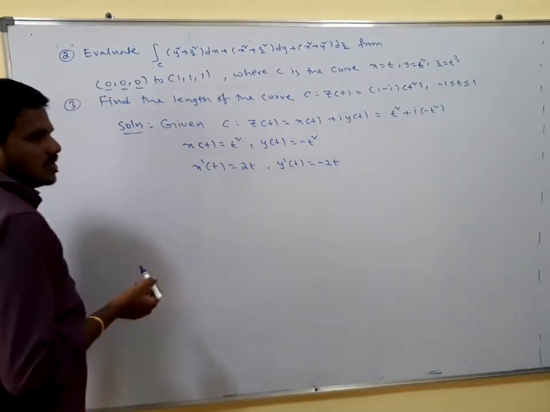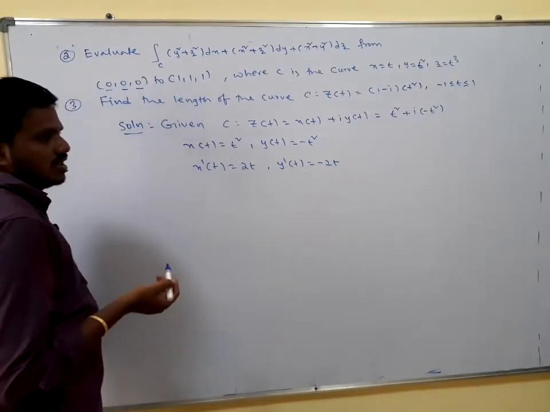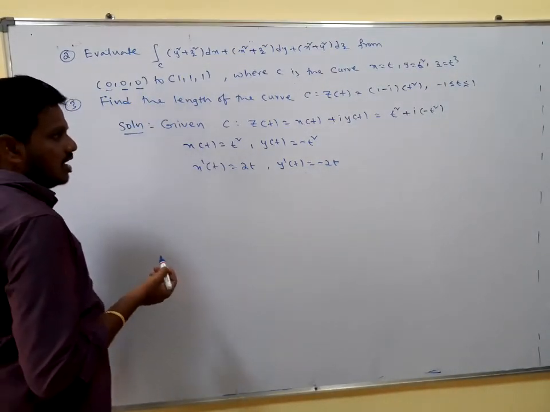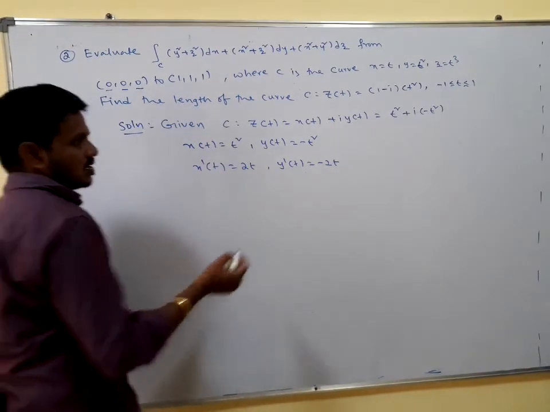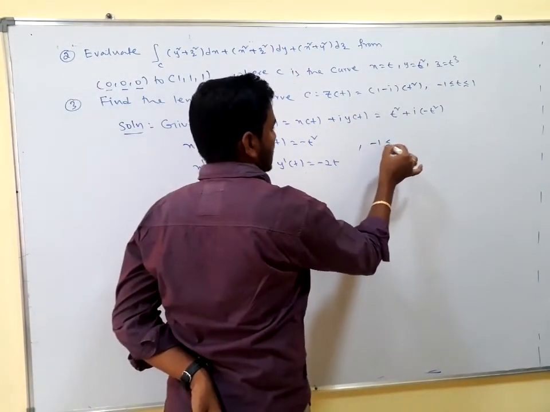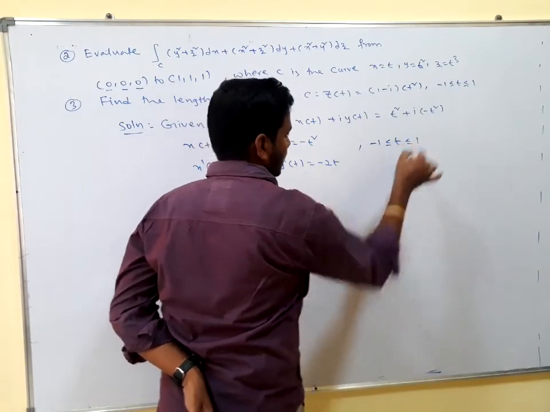The length of the curve C is given by z of t equal to x of t plus i y of t, where t limits are from minus 1 to 1.